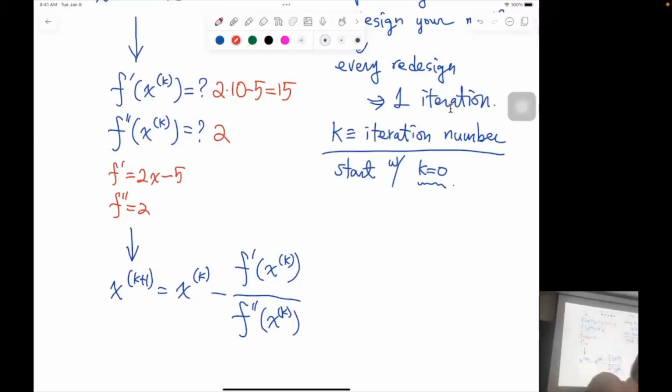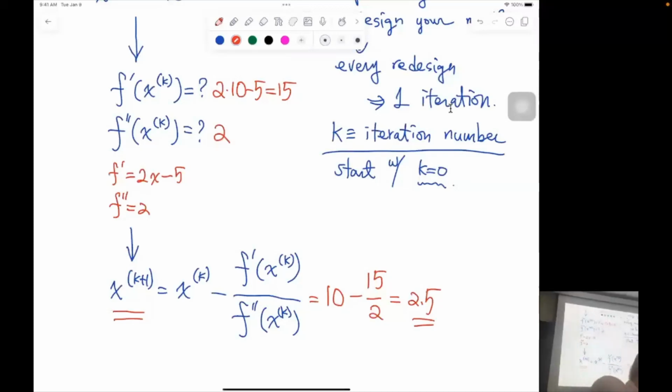So let's try it. Our previous guess was 10, minus 15 over 2. So at the end, it's 2.5, right? So x(k+1) is 2.5. That's what Newton's method tells me.